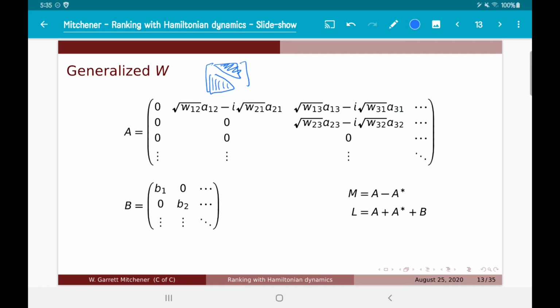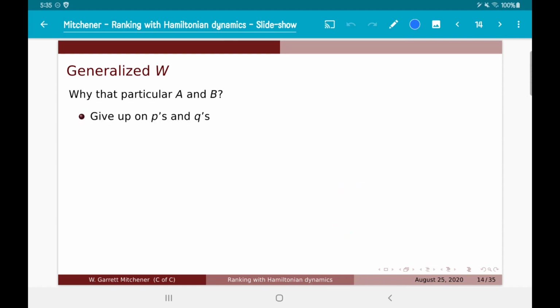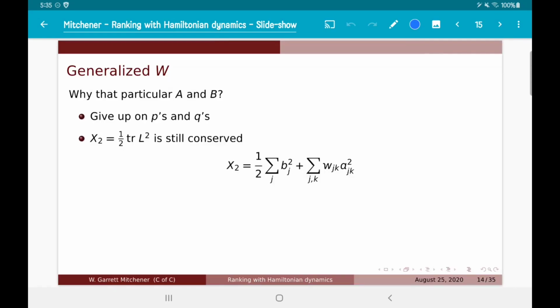So we're giving something up by passing to this dynamical system. Again, I'm going to define L and M matrices, and in this case I can enforce isospectral dynamics. So again, why that particular A and B? Well, you have to give up on the P and Q variables, so it's not clear how I'll be able to interpret this.